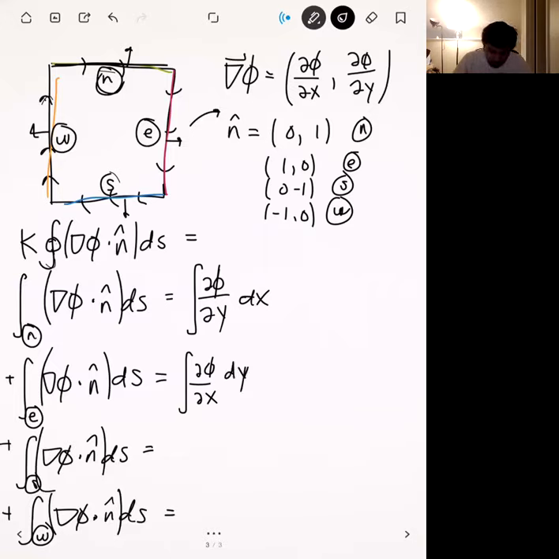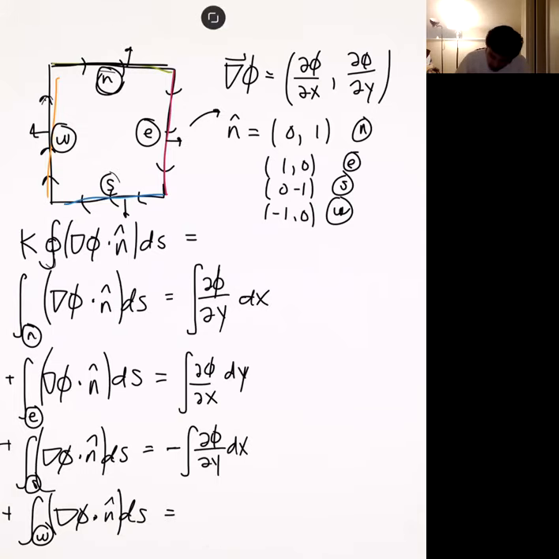Next, for the south face, we have a -1 dot product with gradient of phi, so we have a minus integral d phi dy dx. And for the west face, we have a minus integral d phi dx dy.